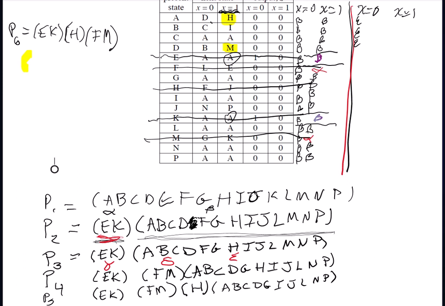So let's go ahead and put them. So that would be B, C, G, I, J, L, N, P. Okay, now A has as its 1 successor H. That's this partition right here.